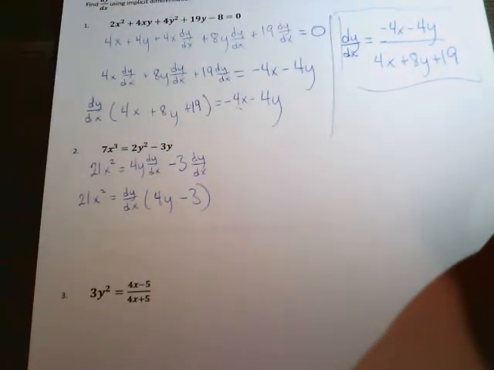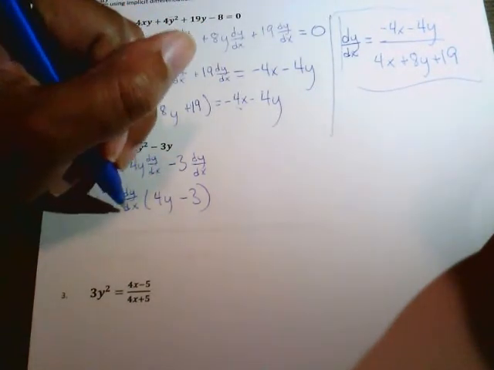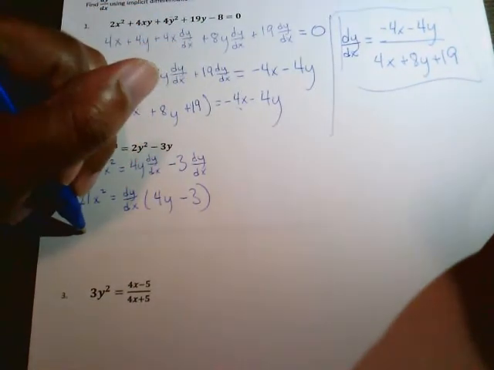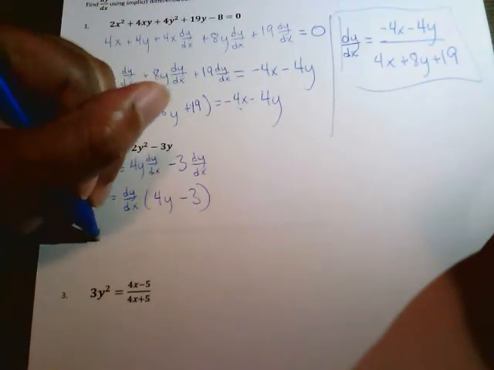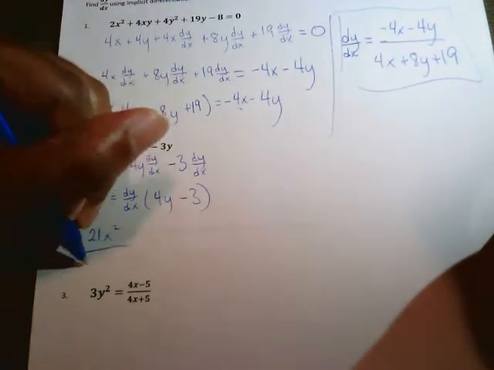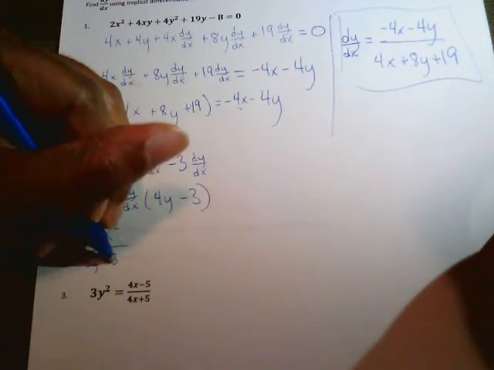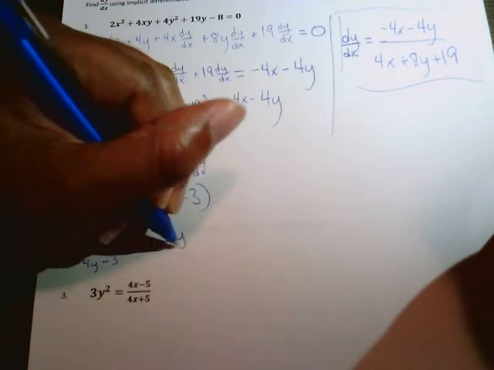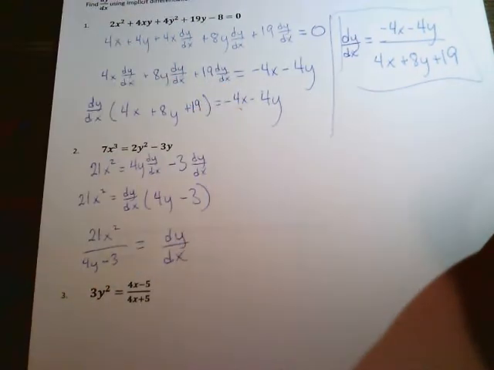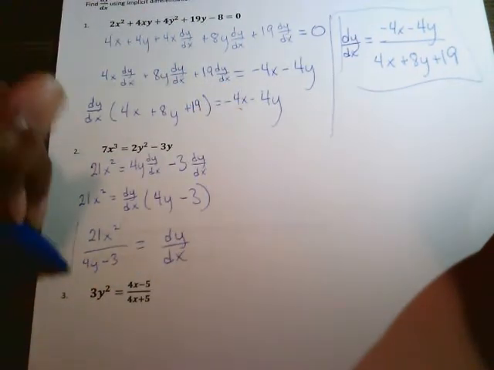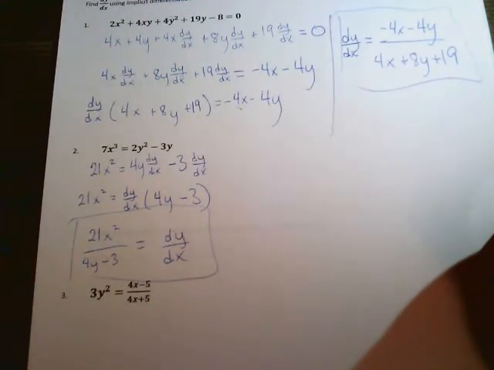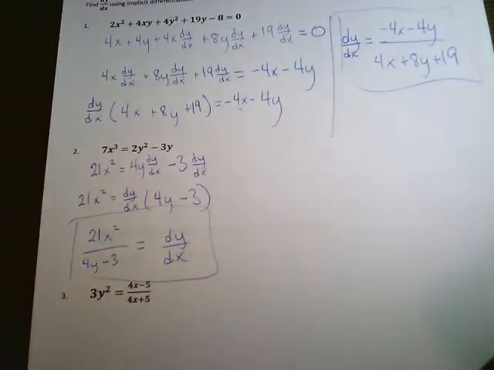And we'll divide both sides by 4y minus 3 to get dy dx by itself. So it will be 21x squared over 4y minus 3 equals dy over dx. And here is our derivative. Moving on to number 3 now.